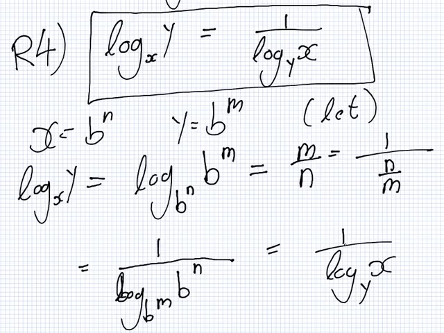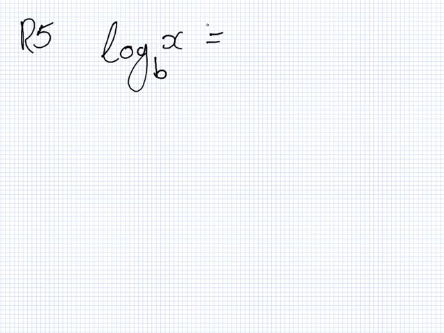Okay. Can I scroll down? Yeah. So there's only 2 more rules to do, and the last rule is easy because it's like last time where it's just to do with ones and zeros. So rule 5 is similar to rule 4, and in rule 5 it's when you want to change to any base. So for example, you start with base b, but you don't want base b, maybe you want another base like base c or a or whatever.